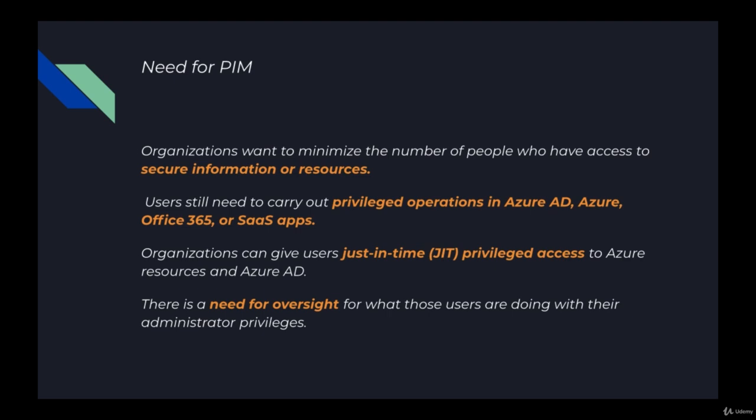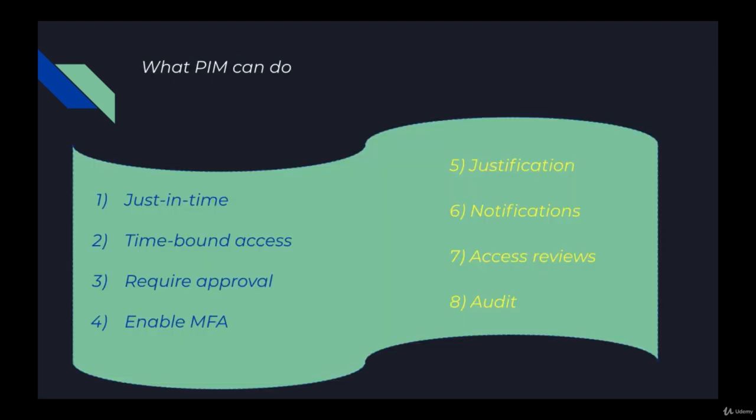All of this is a reason to use PIM, because it is very important to monitor such resources, and to make sure that the identity of users with access to critical resources is secured so that no one gets access to the sensitive information. These are the reasons for using PIM within the organization.